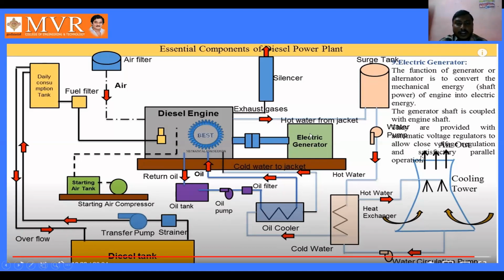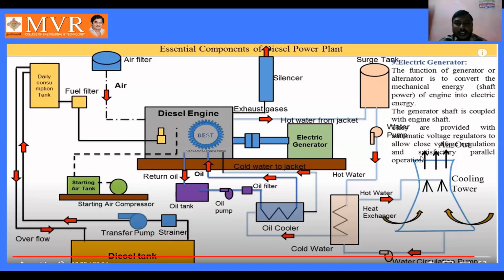The electrical generator, using this shaft, converts the mechanical energy into electrical energy. At last, the electrical generator produces electricity using diesel in the power plant.